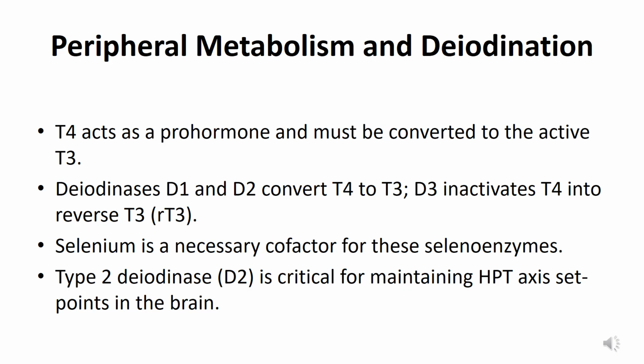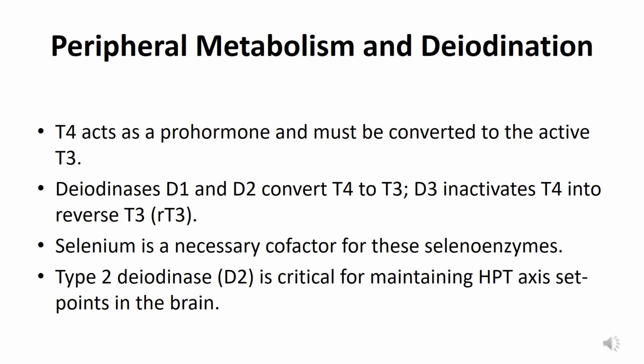Instead of activating thyroid hormone, D3 inactivates it. D3 converts T4 into reverse T3, also called RT3. Reverse T3 is biologically inactive and does not stimulate thyroid hormone receptors effectively.